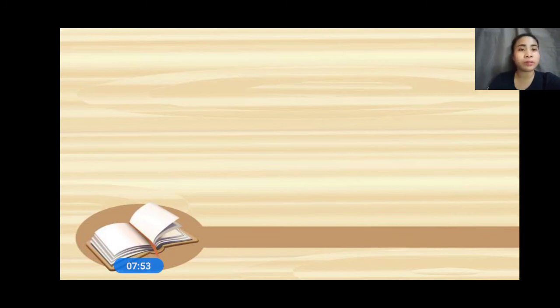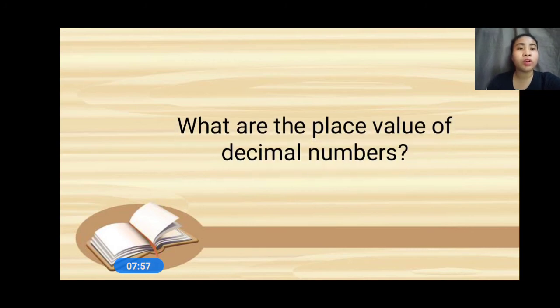Okay? So now, I have here a question, and let us all answer this question. What are the place values of decimal numbers? Remember that the first digit after the decimal point represents the tenths, and then we have the hundredths, and then the thousandths, and then ten-thousandths, and so on.